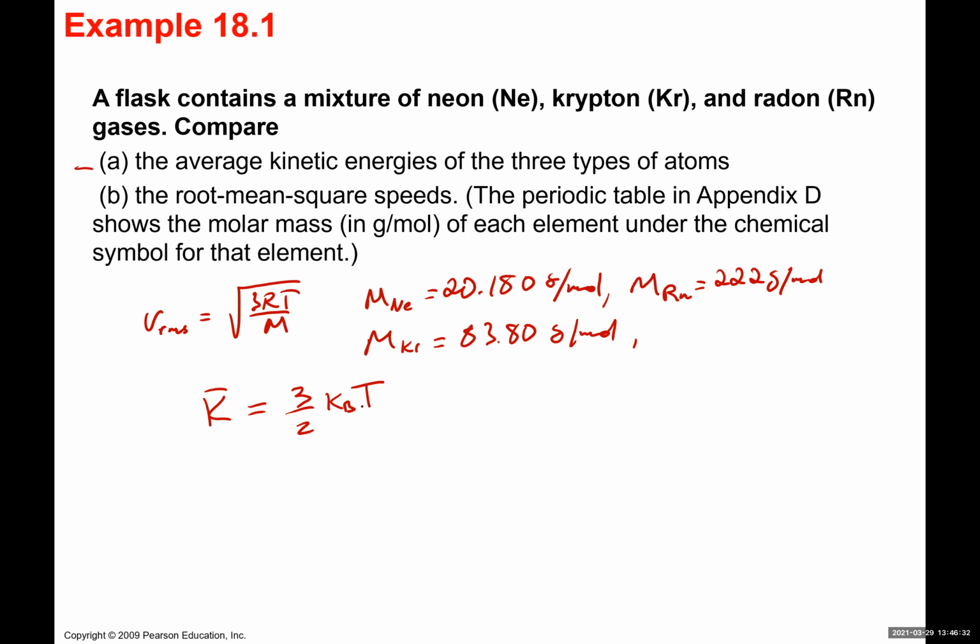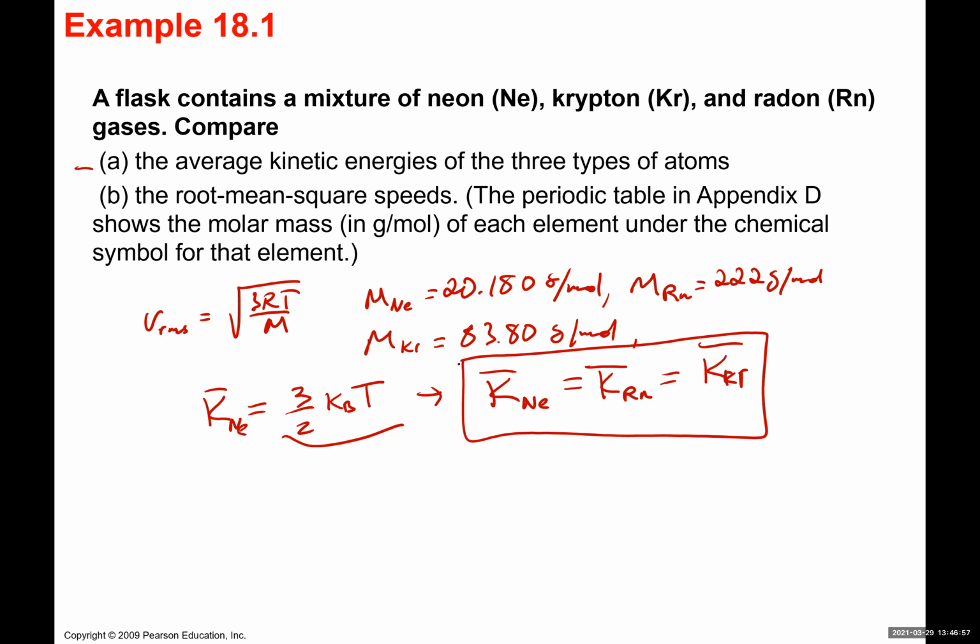So average kinetic energy is 3/2 kB times T. Which means that whether this is neon or krypton or radon doesn't really matter. They all have the same kinetic energy. That means the kinetic energy of the neon is the same as the kinetic energy of the radon, same as the kinetic energy of the krypton. Why? Because they have exactly the same temperature, and that means they all have exactly the same kinetic energy regardless. So that's for part A.